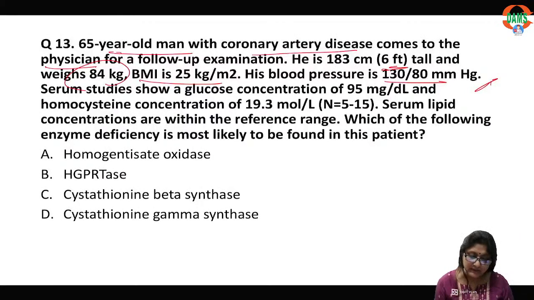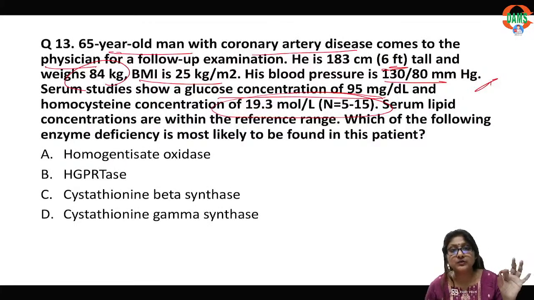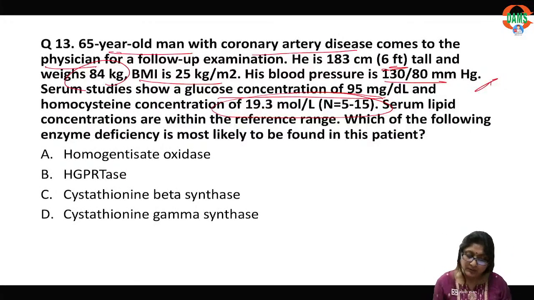Now further, glucose is within range and homocysteine level is high. Okay, it's a homocystinuria. Normally homocysteine is 5 to 15 micromole per liter. In this person it is 19.3 micromole per liter. So this homocysteine is high. Serum lipid is in the reference range, and what enzyme deficiency do you suspect?